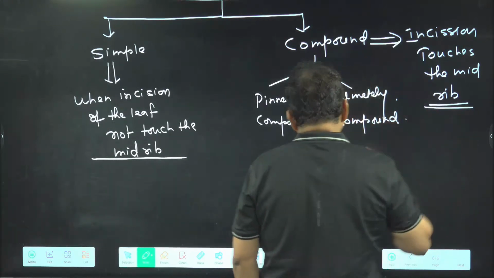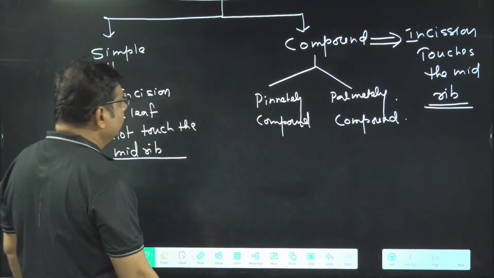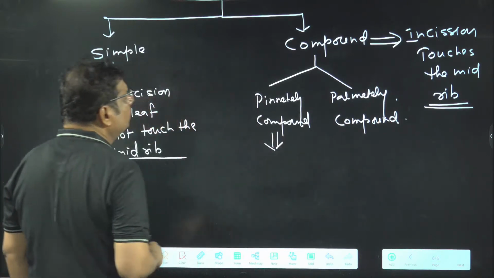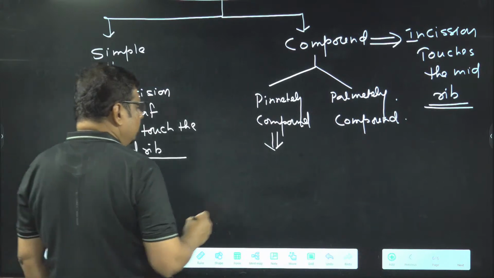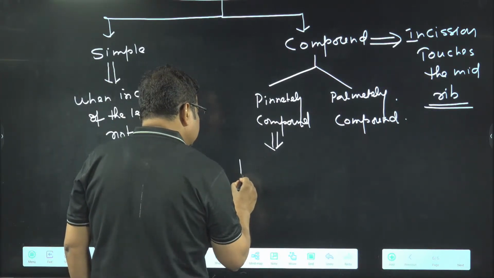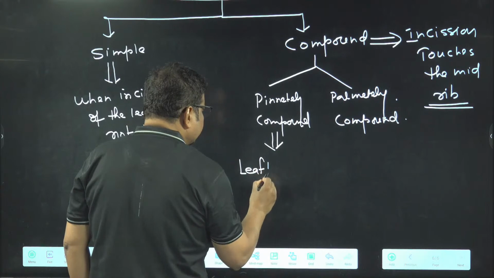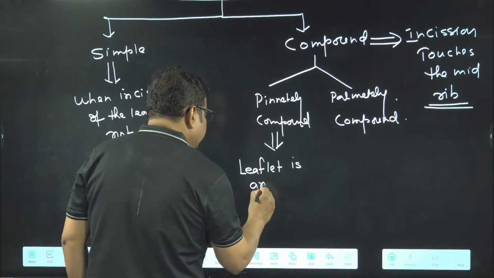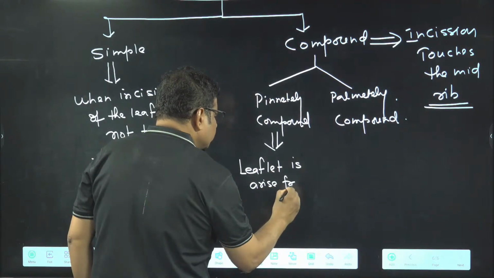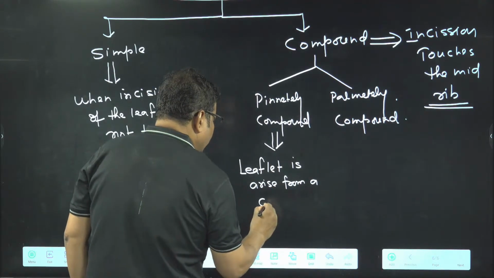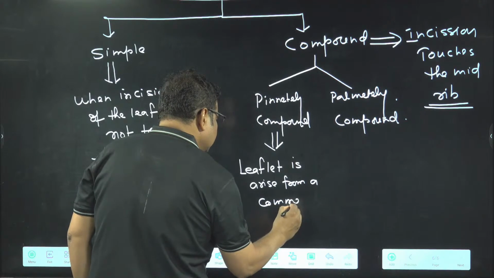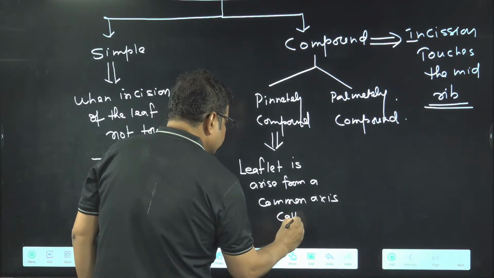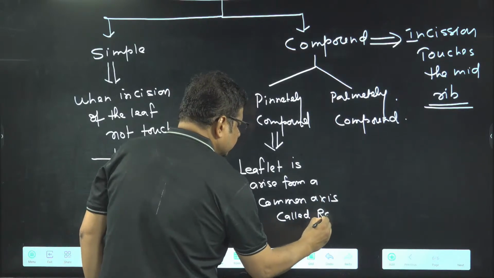So compound leaf is of two types, pinnately compound and palmately compound. What happens in the case of pinnately compound leaf? In pinnately compound leaf, leaflets arise from a common axis called rachis.